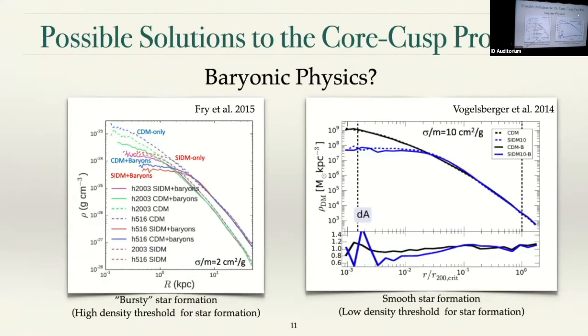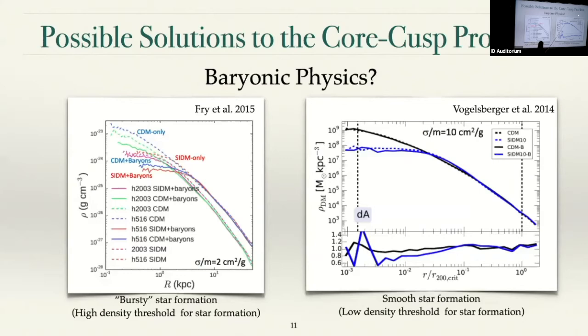Okay, so then on the right-hand side, this is from Vogelsberger 2014. Instead of implementing a bursty star formation, they have a smooth star formation, and so a low density threshold for star formation. The runs with or without baryons seem to be identical.